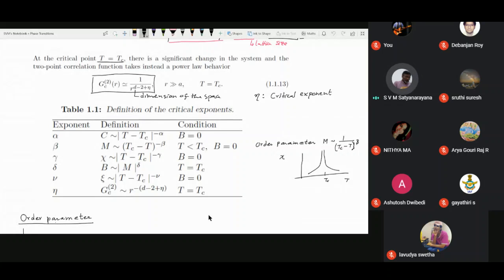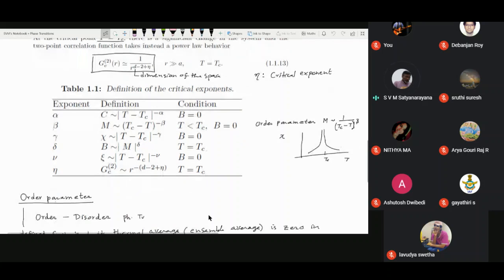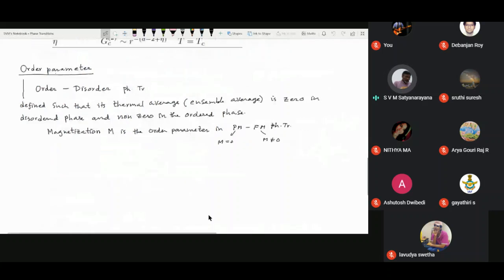People looked at several examples and categorized a host of systems that have the same critical exponents, and they came up with this notion of what is called a universality class. So that was the genesis of the universality class. So we have this idea of universality class.